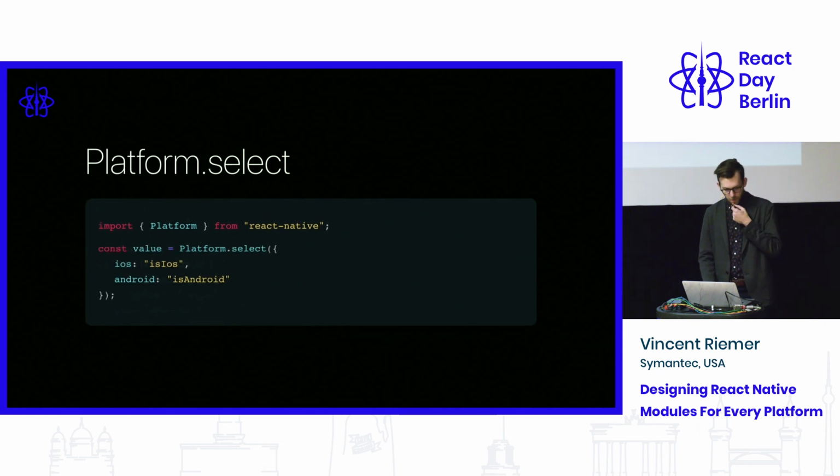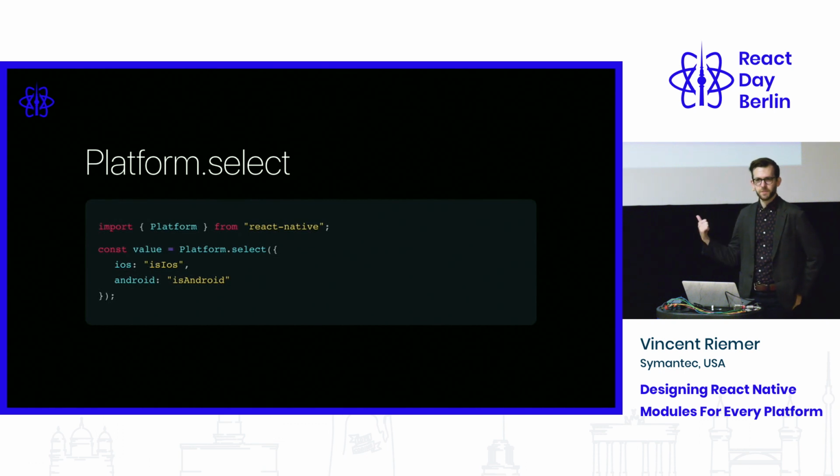Now, what about Platform.select? That's sort of similar to the switch statement. It's an easier way of writing it, right? And you put the key as the platform, and the value is the value that you get back. But then the question is, what do we do for this sort of exhaustiveness?